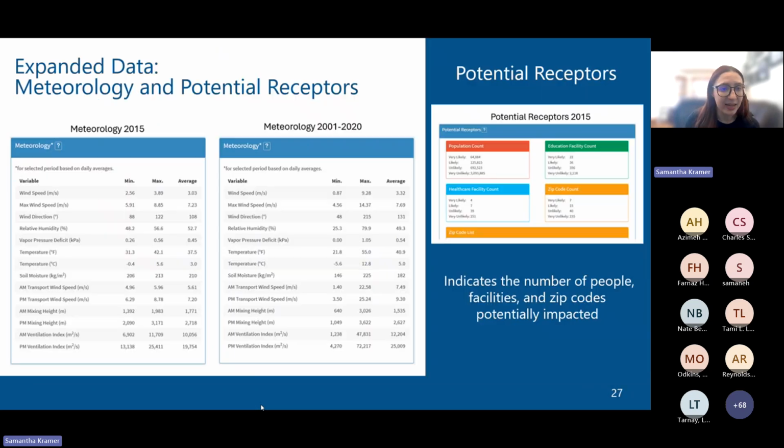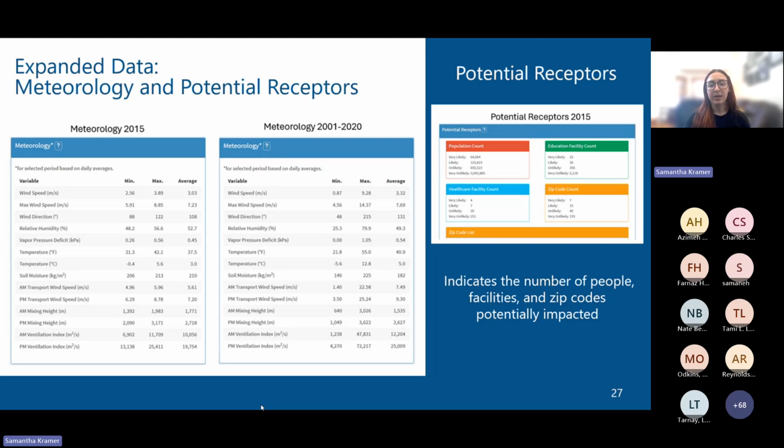And along with that, you also can look at the expected fire weather. So you can see if you had looked at the meteorology, what your average wind speeds were for that time range, looking at the relative humidity in that time range, with the relative humidity ranging between 25 and 80%, but on average about 50%, and how that might fit into your burn prescription.